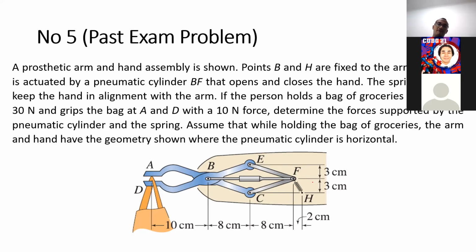FH here, because it's a spring as well, is a two force member. So we have a lot of two force members here. Because there is no question on this particular problem, I assume that you understand this.